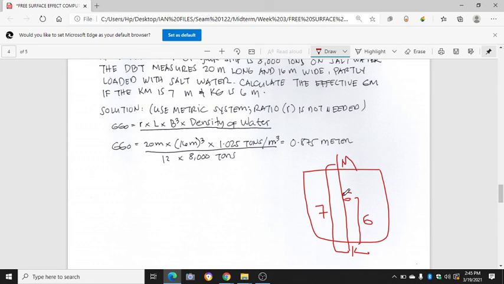Since there is a virtual rise of G, there is a change now. This is what I'm going to compute. Solution: again, we use the metric system.